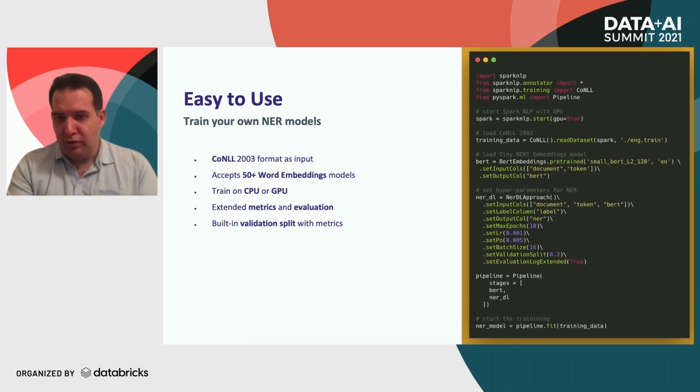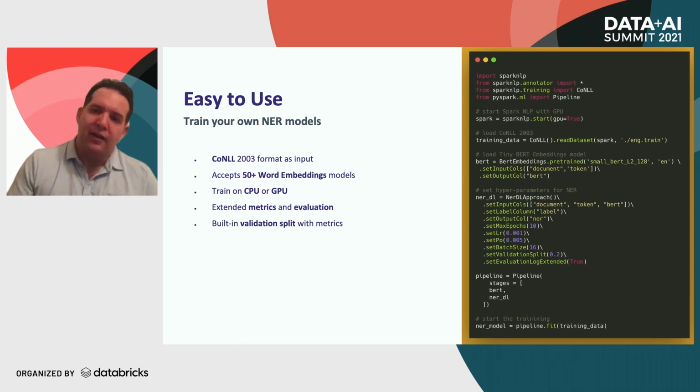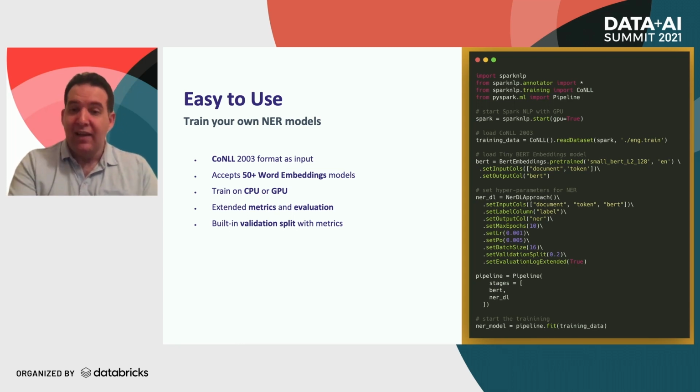And very important, the evaluation log extended, which is true. So you have different options about how verbose you want the system to be in terms of what it reports back to you, so that you know how you're doing in terms of epochs, right, and learning curves, and so on. But once you're done, it's very simple. Anyhow, model equals pipeline.fit, training data, and you get your model back.